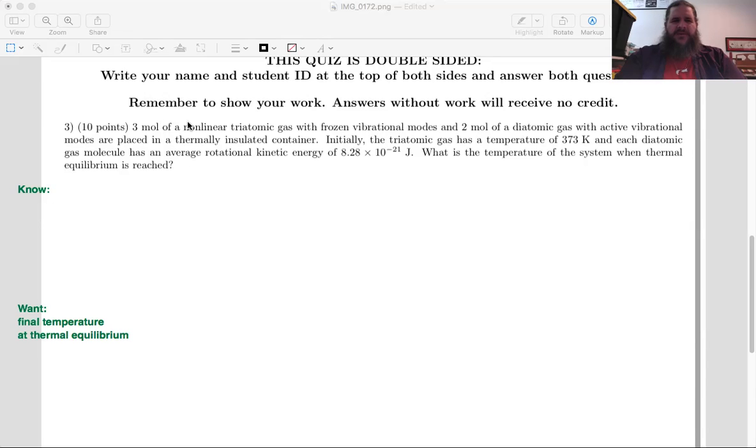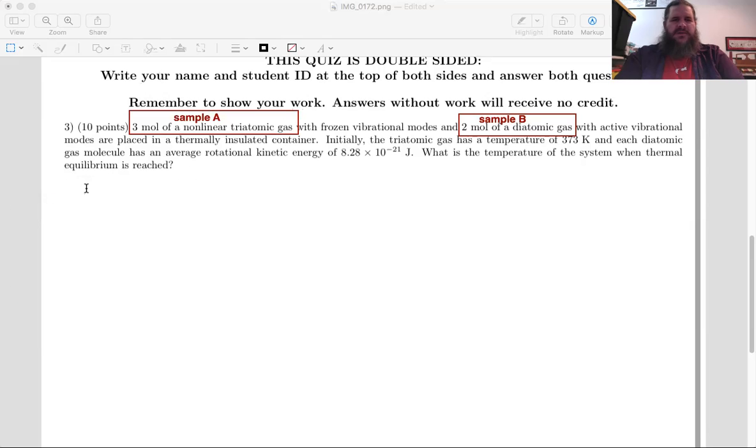Also, for ease of reference, let's say the 3 moles of nonlinear triatomic gas is sample A, and the 2 moles of diatomic gas is sample B, just so we can refer to them more easily, more quickly. So let's list out their modes.